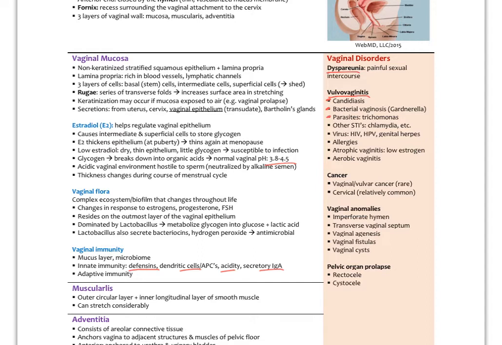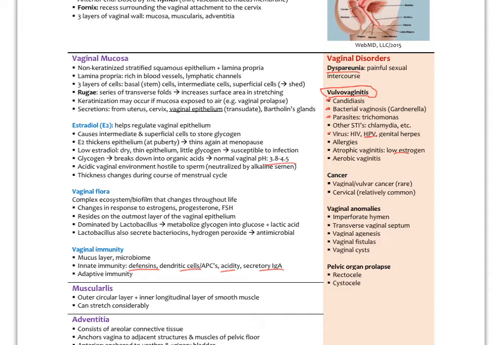And then different viruses, HIV, human papillomavirus, very important here for cervical cancers, and then genital herpes as well. Allergies, atrophic vaginitis, which is the low estrogen state, and then aerobic vaginitis. So all of these are different examples of vulvovaginitis.